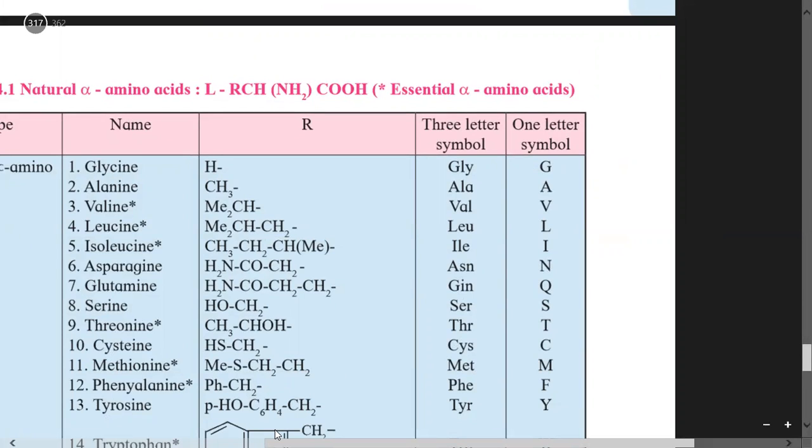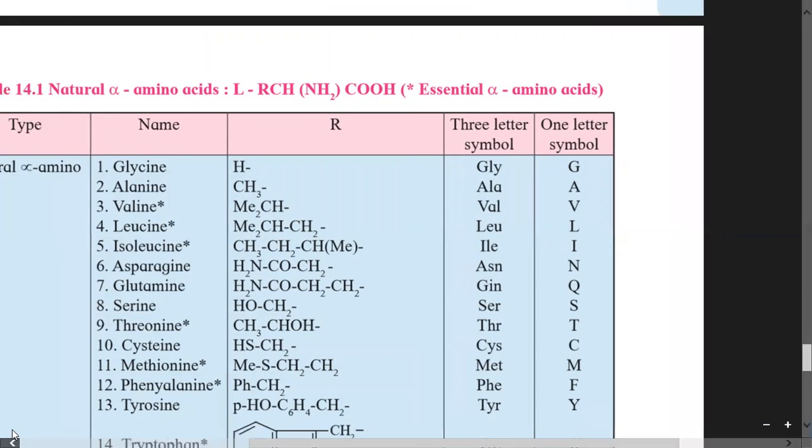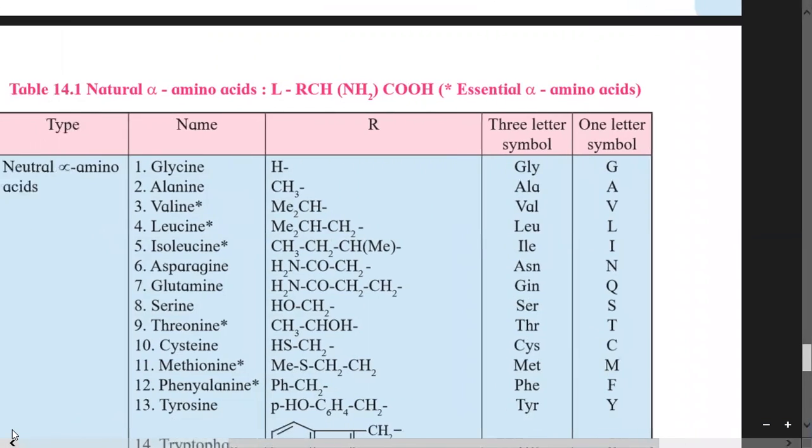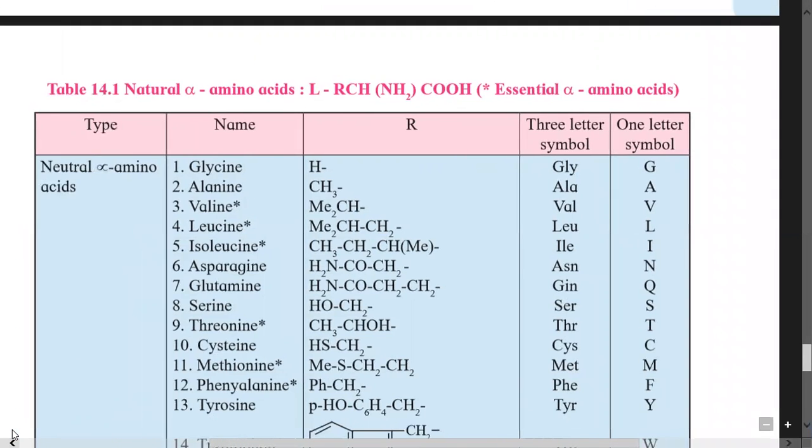The general formula of an alpha amino acid is RCH(NH2)COOH. In this table, different examples of natural alpha amino acids are given.